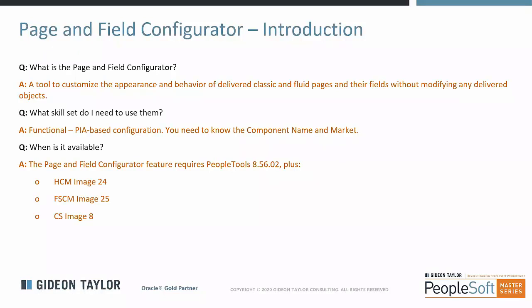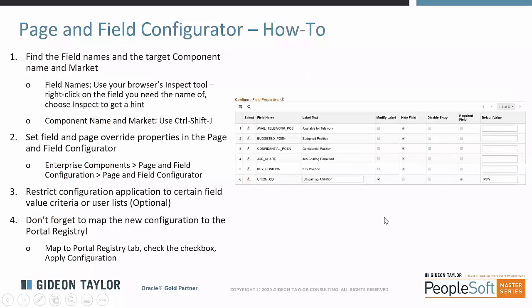You can find it in your Enterprise Components menu. And just a brief how-to. An overview here is you can use your Control-J to find your market and component, and that's what you use to start your Page and Field Configurator setup. And then use your browser's inspect tool to right-click and find the fields that you're looking to adjust. Once you know what you want to adjust, you can navigate to the Page and Field Configurator component.